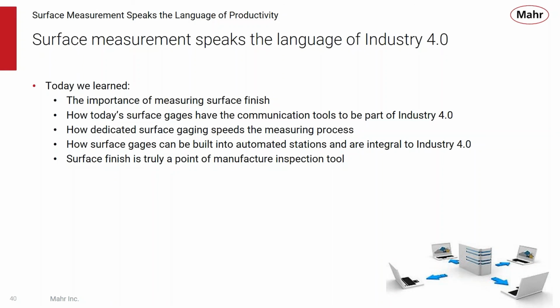We've learned how surface gauges can be built into automated stations and are an integral part of Industry 4.0. And now surface finish is truly a point-of-manufacture inspection tool, so that we can quickly measure and qualify the parts at the point of manufacture.